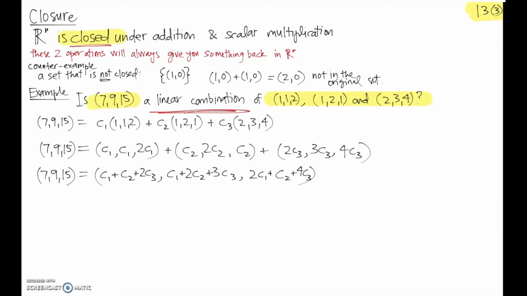So 7 would have to equal C1 plus C2 plus 2C3, and 9 would have to equal C1 plus 2C2 plus 3C3, and 15 would have to equal 2C1 plus C2 plus 4C3, because these corresponding elements have to be equal.